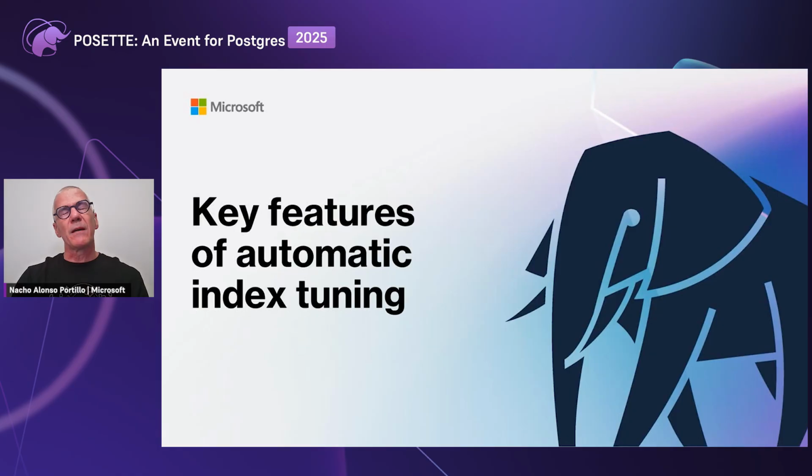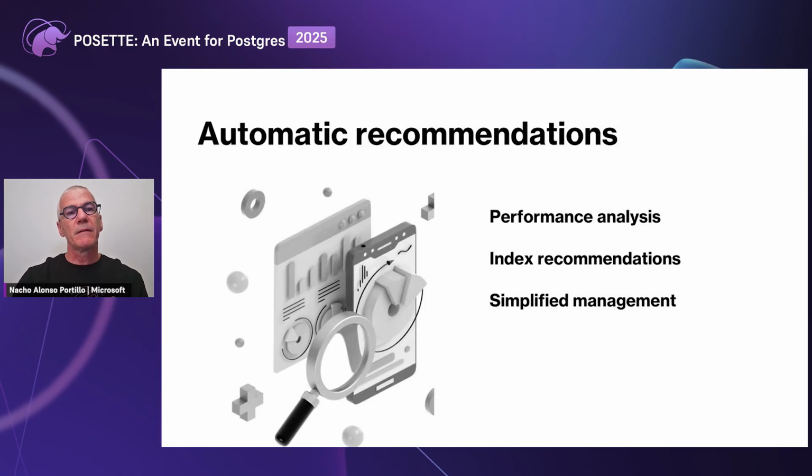The key features of automatic index tuning are that the system automatically analyzes the performance of the queries that your workload is running and identifies potential indexes to optimize the execution times for better efficiency, to reduce latency, basically. It eventually emits index recommendations that aim to enhance the performance of the workload that was previously analyzed.